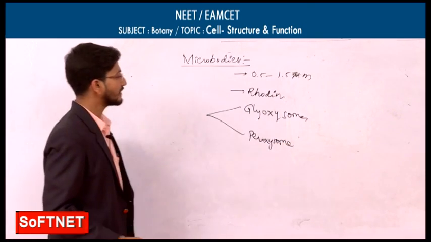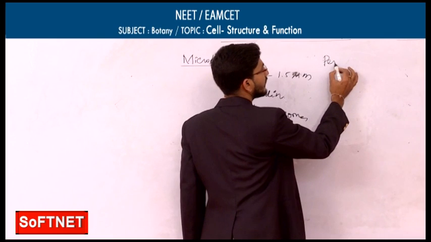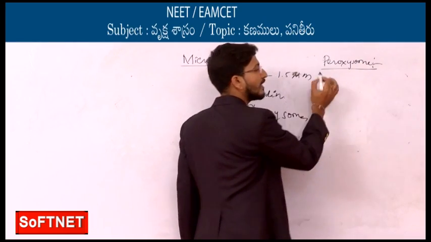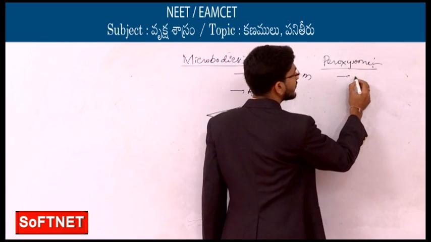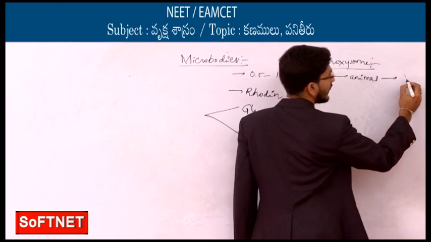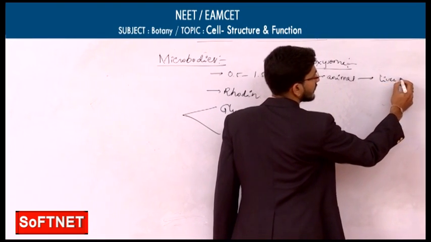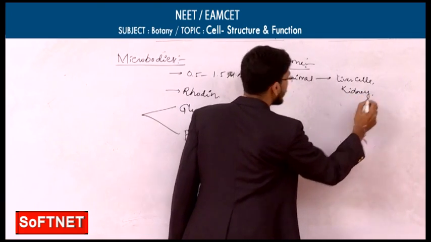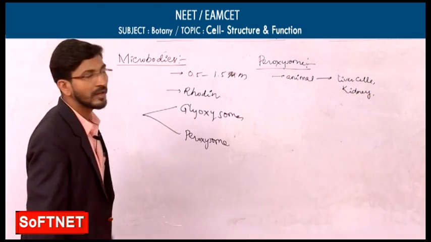First we will discuss the peroxisomes. Where are these peroxisomes present? In animal cells, they are present in liver cells as well as kidney cells. What are the major functions of these microbodies?